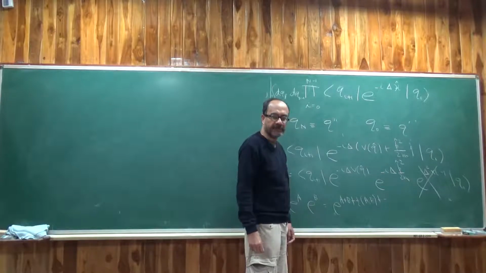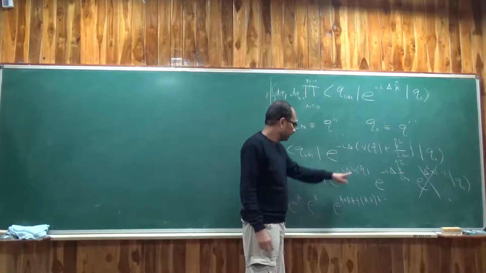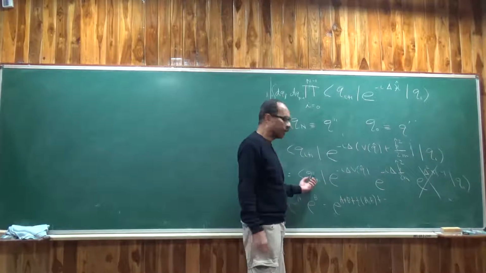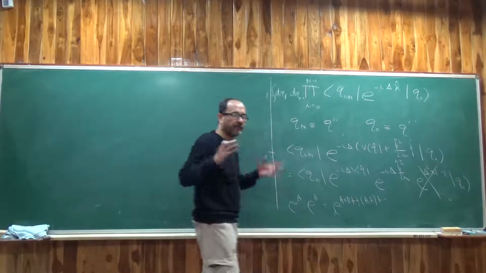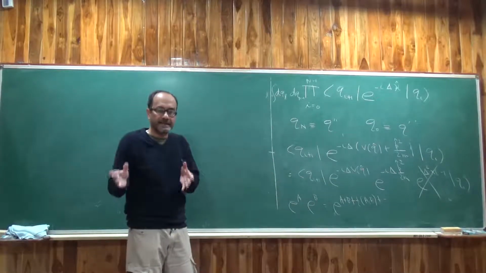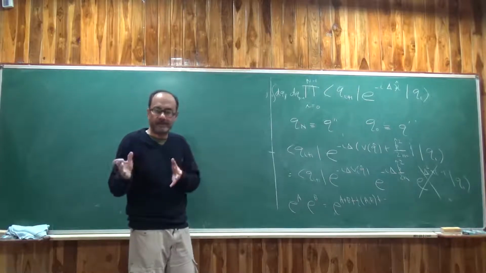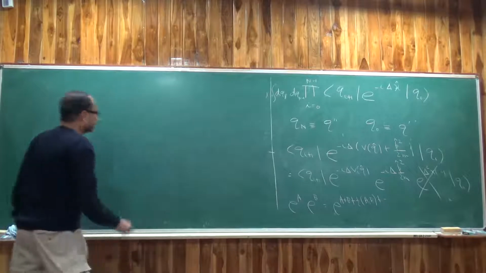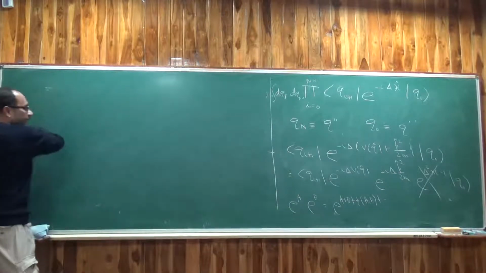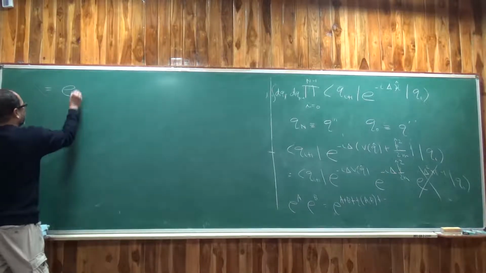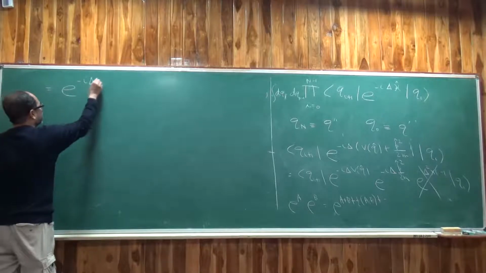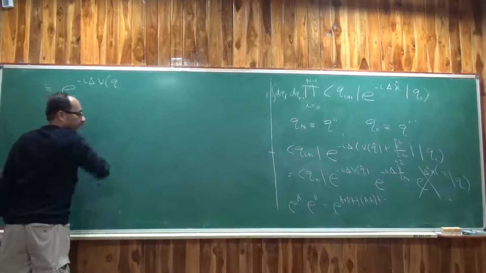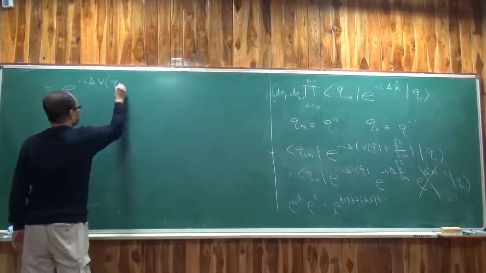We just replace the q hat operator by q i plus 1. Any function of q hat acting on the eigenstate q will give you f of q times the same eigenstate. So this then gives e to the power minus i delta V of q i plus 1.